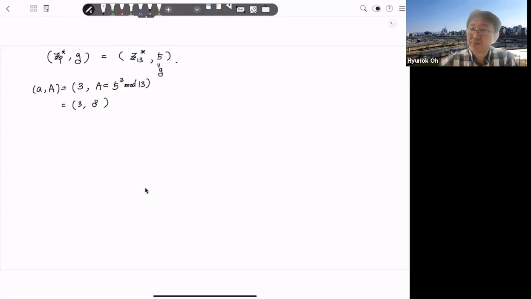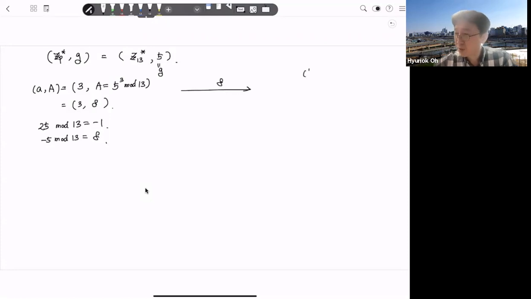Is it correct? Because 25 mod 13 is minus 1, right? Minus 5 mod 13 is 8. Because we are adding 13, it's 8. So it is giving 8.